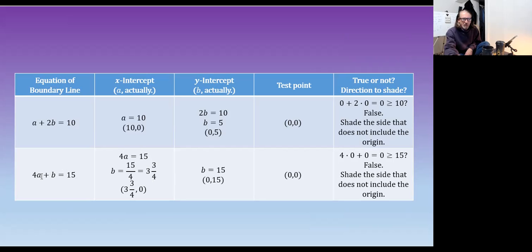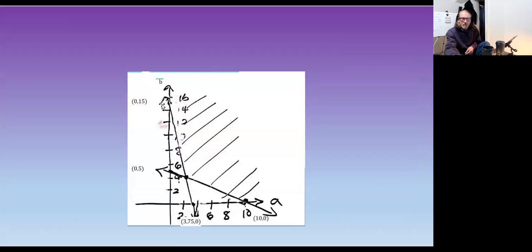Whereas if we put in 0 for A, 4 times 0 is 0. 0 plus B is B. So B equals 15. We get 0 comma 15 is the intercept along the vertical axis. So looking for 0 comma 15 and 3.75 comma 0, that's this boundary line.